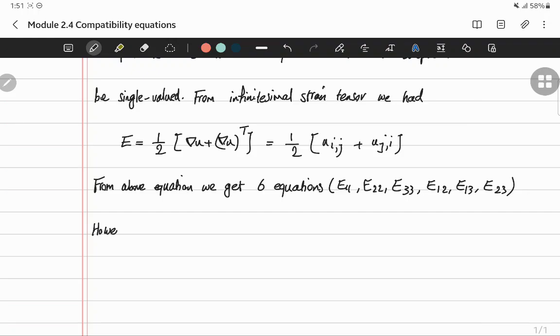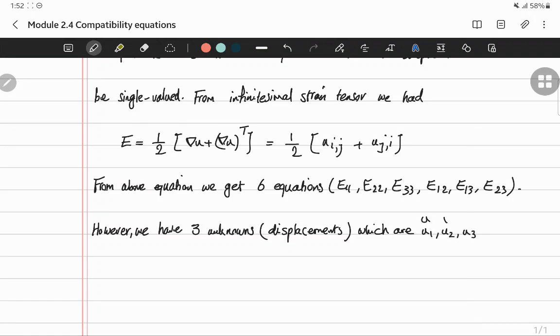However, we have 3 unknowns, or displacements, which are, for example, U1, U2, U3, or U, V, W in some books.